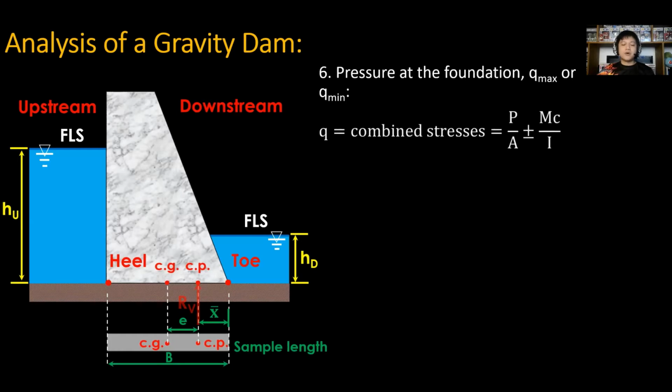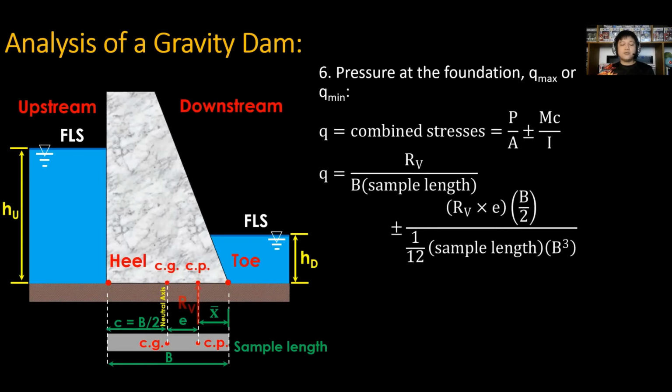Apply the concept of combined stresses from strength of materials. That is, for axial, we have P over the distributive area A. And for bending, we have moment M of the axial force with respect to the centroid multiplied by C, the farthest fiber distance from the neutral axis, over the moment of inertia of the projected surface about its neutral axis.